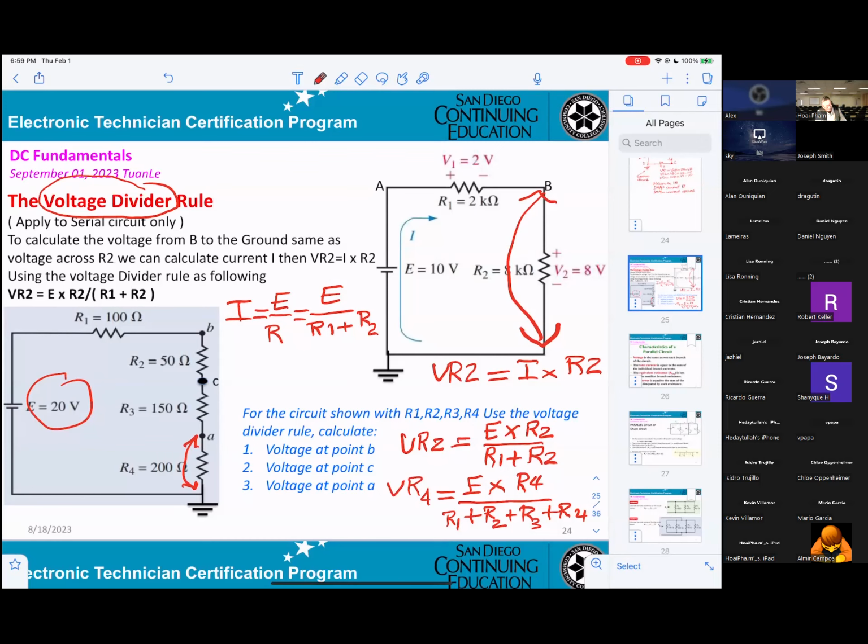Or if I want to calculate the voltage at point B, you have to understand that from B it goes to the ground. Or if I want the voltage AB, VAB, you have to tell me VAB means VA minus VB. That's a very basic thing we have to know. Just for a while, you'll get along.